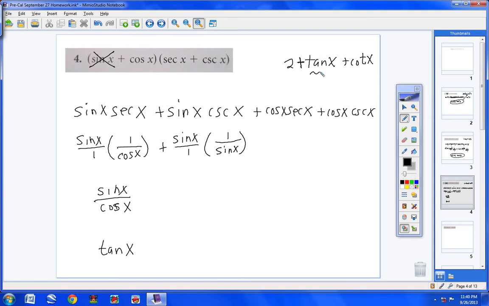Somewhere you want to have a tangent x. Now look at why I put cosecant x as 1 over sine x. What happens to your sines, guys? They cancel out. 1 times 1, 1 times 1, that would be a positive 1. That's fine because I want to get a 2 somewhere. Later on I'm going to get another 1, then 1 plus 1 will give me 2. Just watch, you'll see.